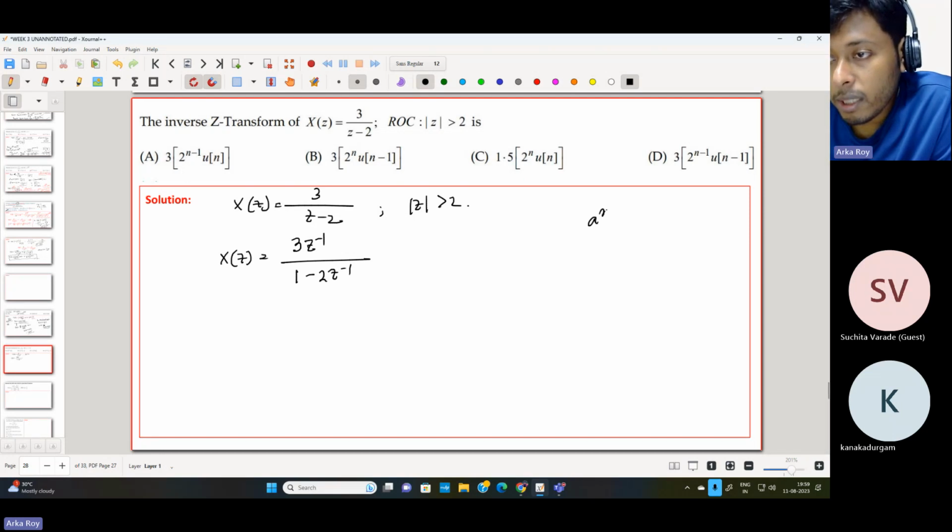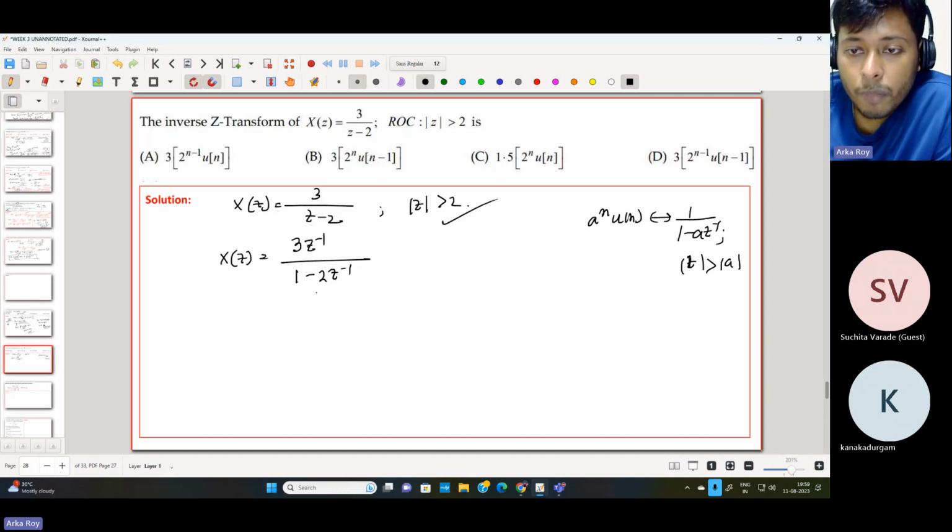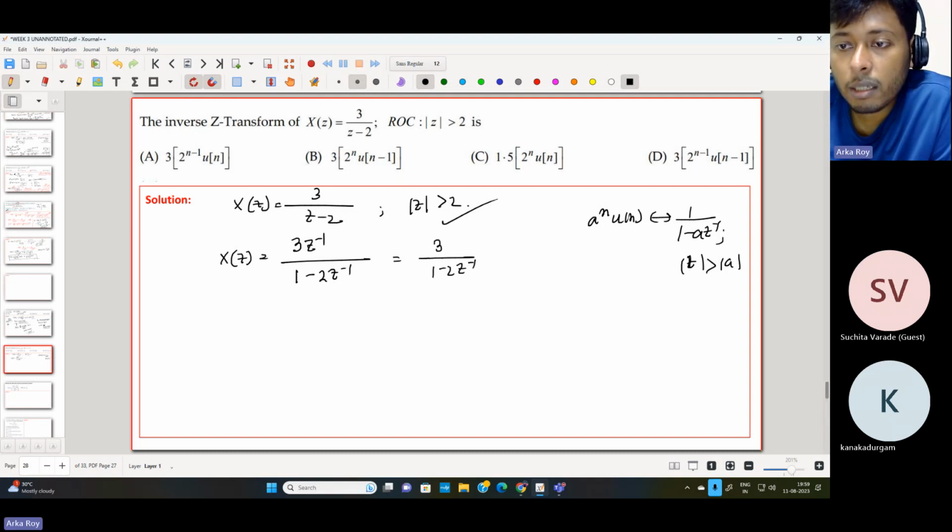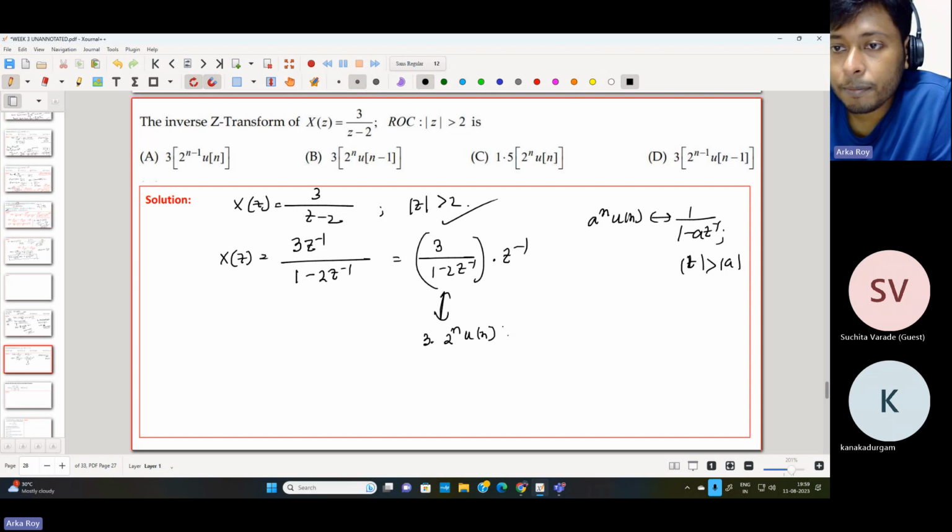And we have already seen a to the power n u[n] will have 1 over 1 minus a z inverse with the ROC mod z greater than mod a. So this particular thing is matching with this. If I factorize these as this factor multiplied with z inverse, this one will have the inverse z transform of 2 to the power n u[n]. Okay.